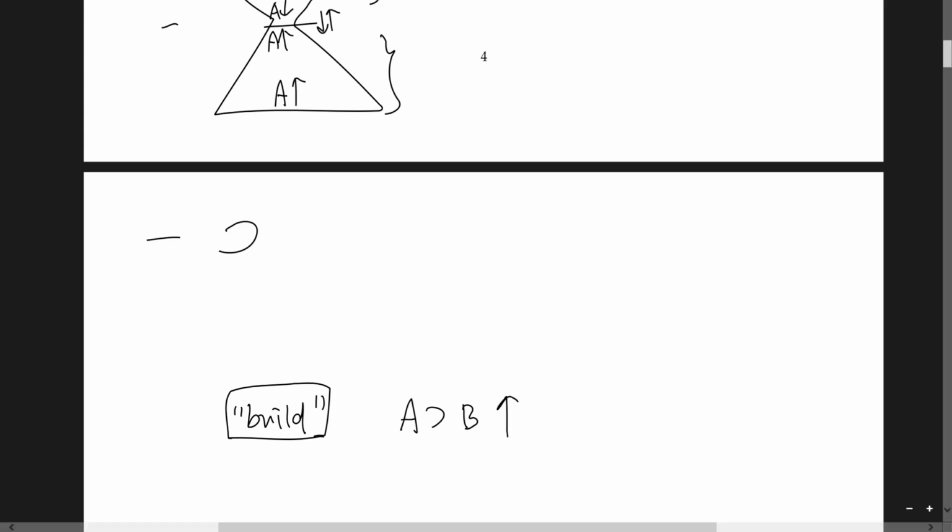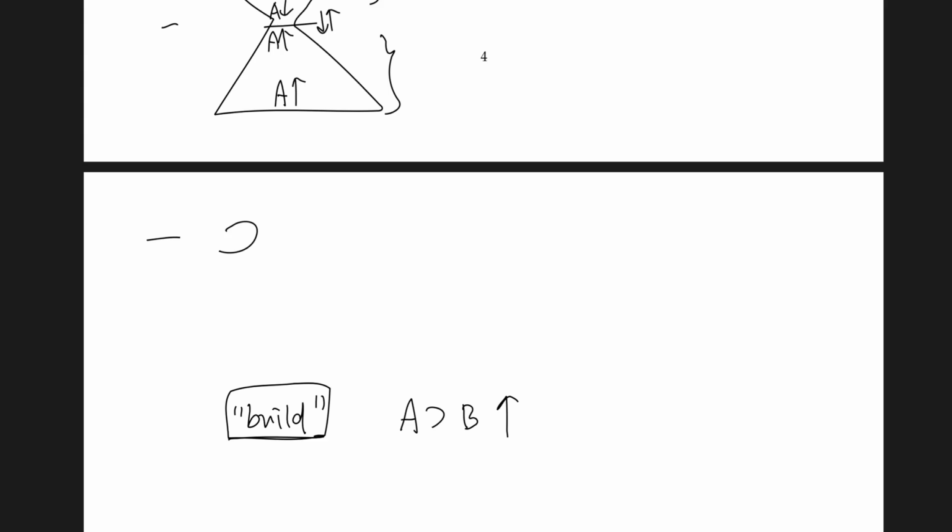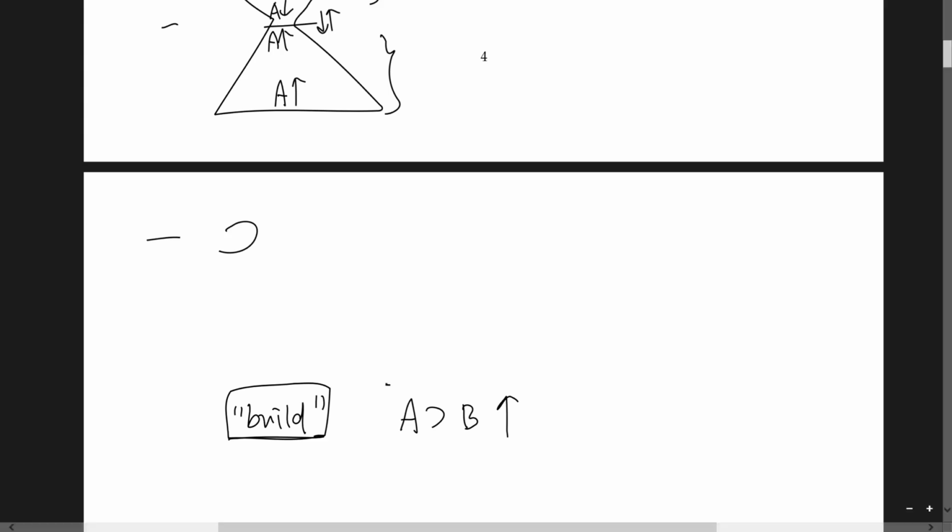Remember that the keyword build is associated with this up arrow. And in order to construct the proof of A implies B true, we apply the implication introduction rule, and then we introduce a hypothesis, A true, and this is waiting to be exploited. So it's going to be annotated with the down arrow.